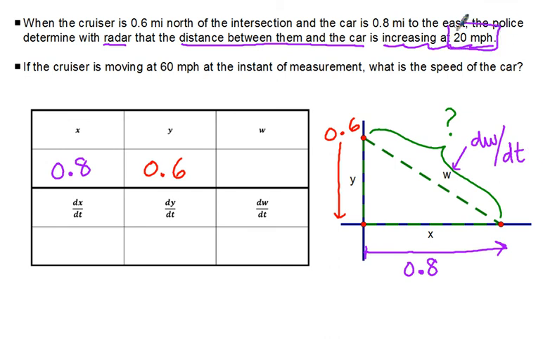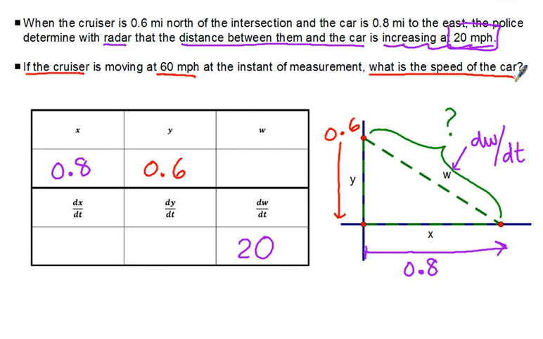So we'll write the rate of change of w is 20. Next, what else do we have up here? The police cruiser is moving at 60 miles per hour at the instant of measurement, and we want the speed of the car.